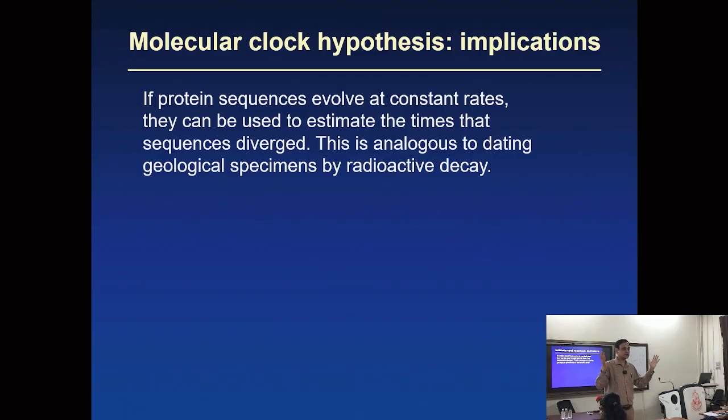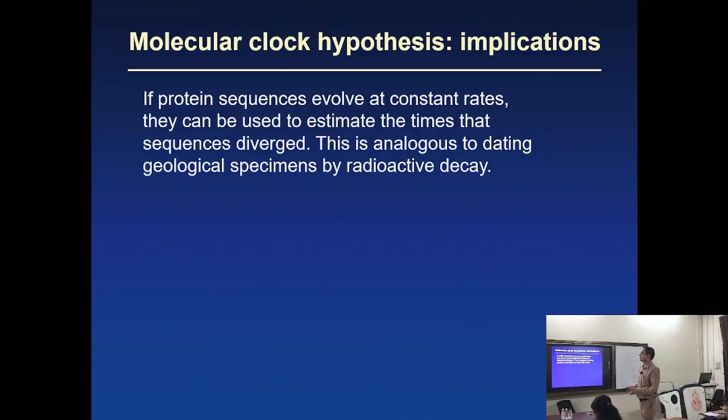Whatever, geological specimen or whatever, there are several methods for timing the evolution of organisms, not just the sequences, but those are difficult to do. But if you come to know that the rate of evolution is constant, then it has made your life easier. You just have to get the sequences, and if that is known, then you can time the evolution of the organisms of a certain lineage, okay.